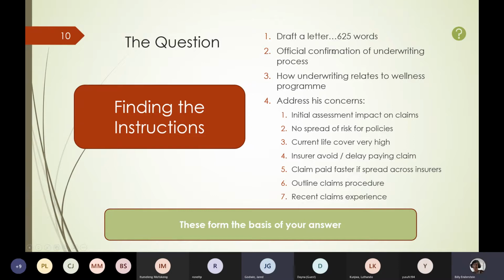Jared, there's a question from Mhleli. He's raised his hand. Yes. Hi, Jared. Hi. Thanks, Billy. Just a quick question. Would it be possible to perhaps share what the marking schedule looks like, just to get an understanding?